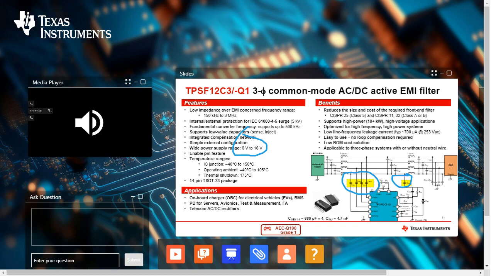This is because the large X caps that already exist as part of the differential mode filter have low impedance and help transcommunicate the injected current back to all the other lines. This is one example of the interdependency between differential mode and common mode filter components.